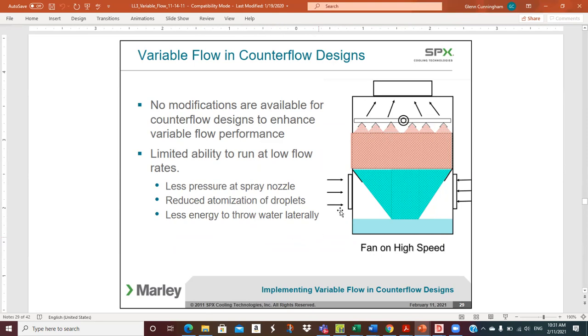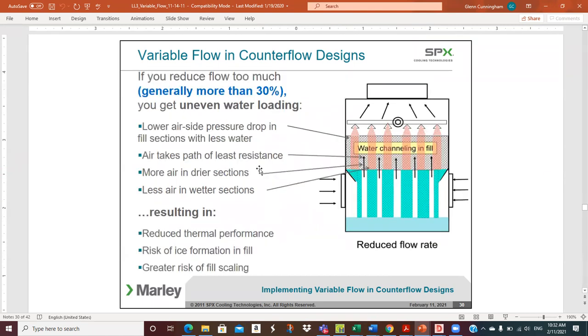So when you're at full load, you get nice distribution like this. So this is okay, but when we go to the next slide, this is where you can get into trouble. If you reduce flow too much, generally more than 30%, so you can only go down to 70%, which is some reduction, but not great, you generally get uneven water loading, because you don't have enough pressure, and so the flow pattern out of these nozzles doesn't completely wet the fill.